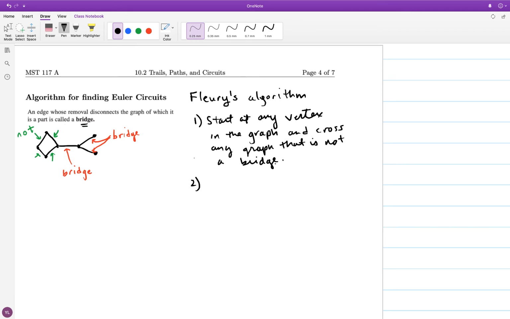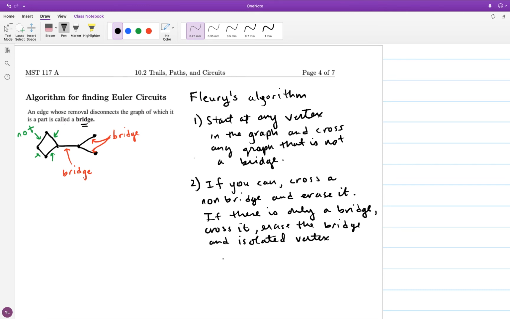cross any edge that is not a bridge, and now you're at a new vertex. And you're basically going to keep crossing edges and writing them down as you do so. And at any time, you're going to decide on crossing the next edge. Okay, so that's it.